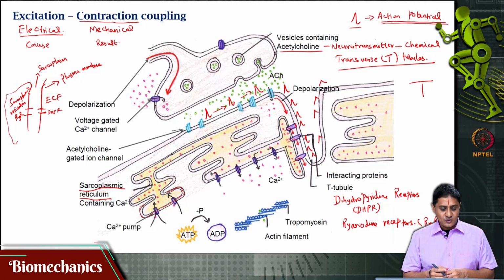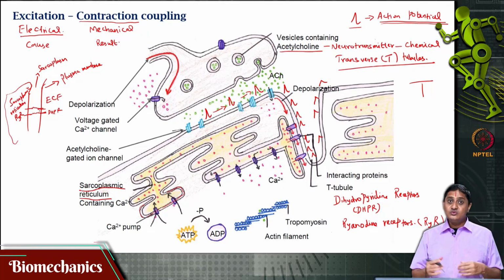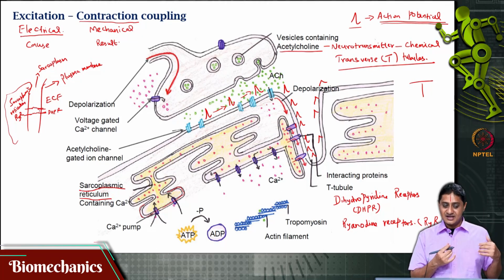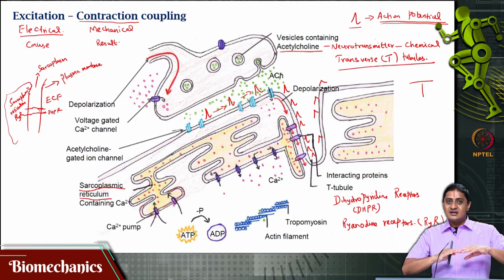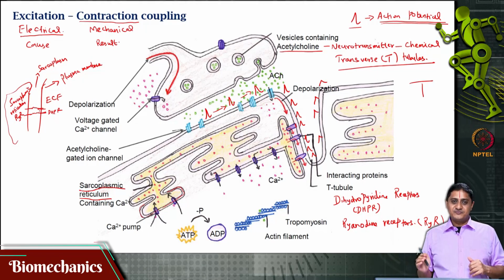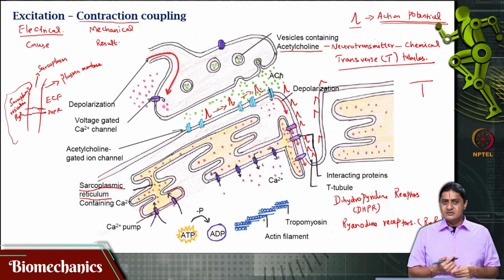Whenever the DHPR is opened, it has the tendency to also open the other one, because there is a connection between the two through the sarcoplasm, such that whenever the DHP receptor opens, it also opens the ryanodine receptor, which opens the gate through which calcium can leave.